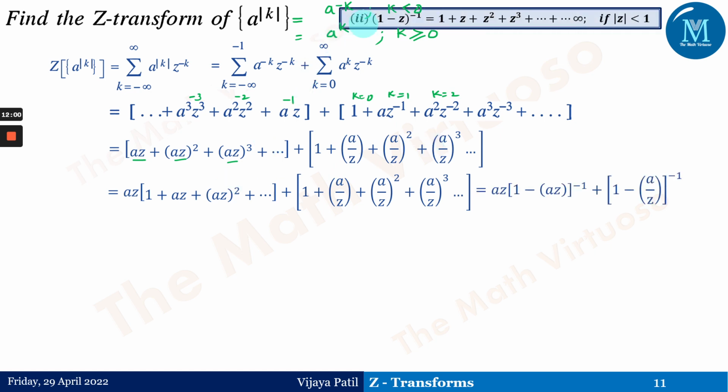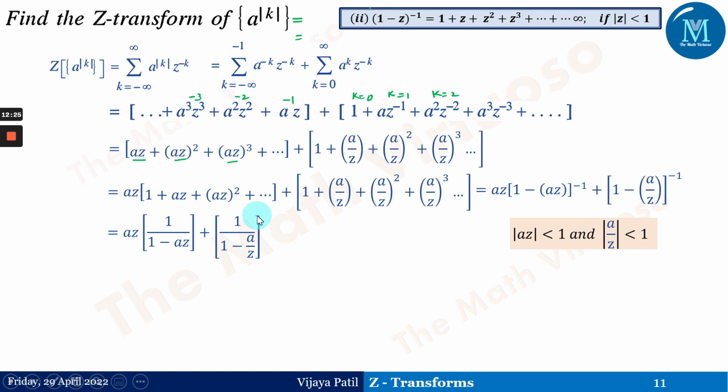The series we used last time is the one we are going to make use of: 1 minus z to the power minus 1, and that is the reason it is az into 1 minus az the whole minus 1, and the other one is 1 minus a by z to the power minus 1. This is nothing but 1 upon 1 minus az, and this is also 1 upon 1 minus a by z, because of this particular series.